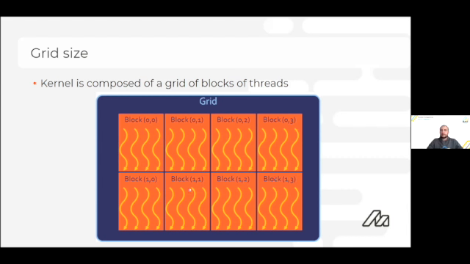And this is dictated by the data that we have, meaning that if you're going to do matrix multiplication, it makes sense to maybe organize our data into blocks of two-dimensional threads. If you're going to do vector summation, we want our things to be one-dimensional because our vectors are essentially one-dimensional. It makes sense to map our threads to be one-dimensional as well.